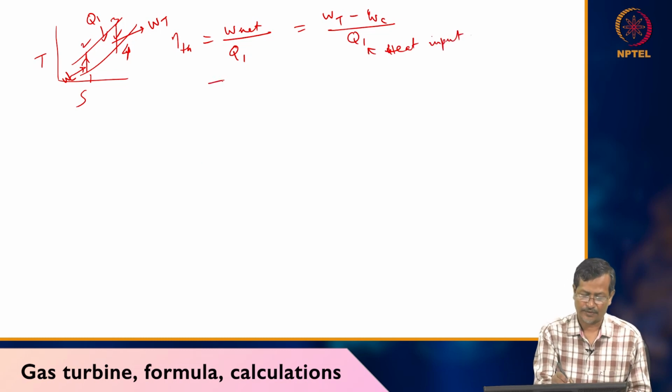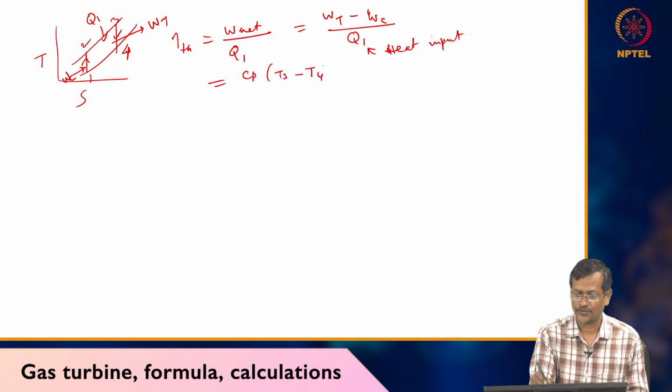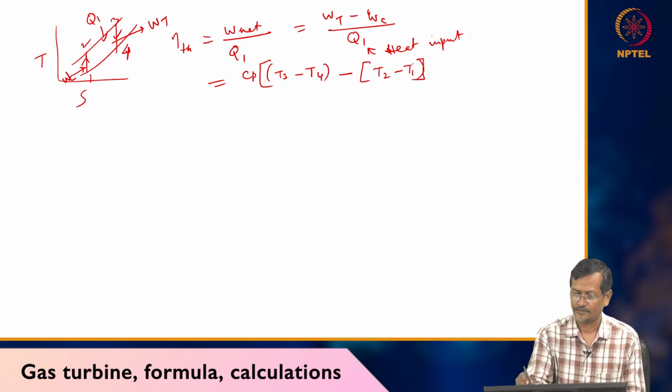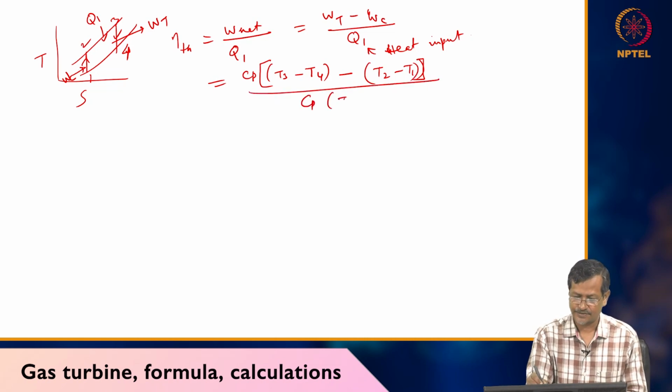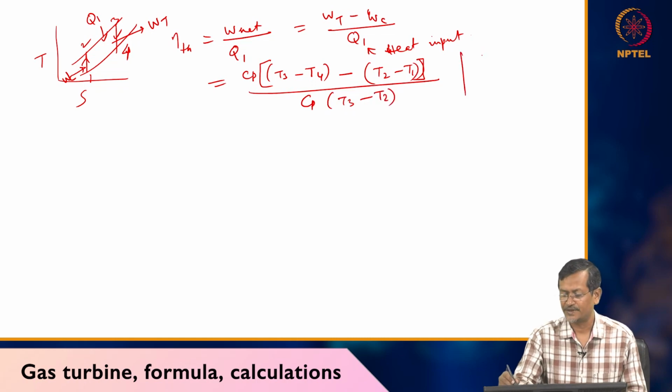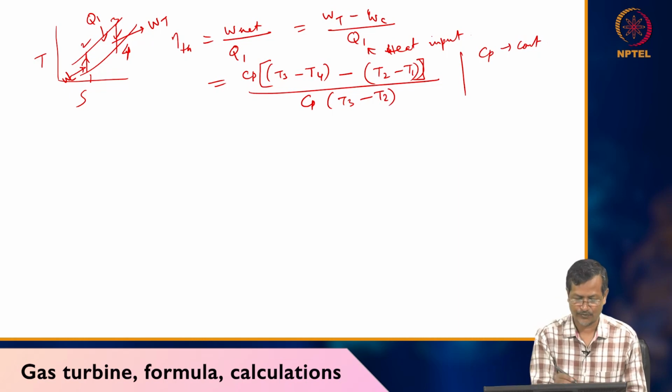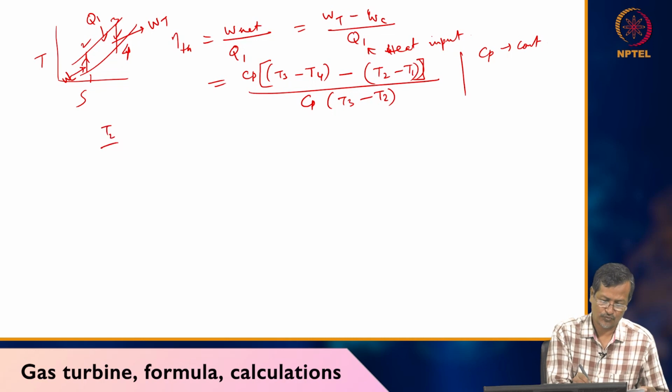Now if I write like this: Cp (T3 minus T4) minus Cp (T2 minus T1), divided by Q1. Q1 is Cp again, (T3 minus T2). We are assuming Cp constant, constant specific heats. So T2 by T1 equals (P2 by P1) to the power (gamma minus 1) by gamma.